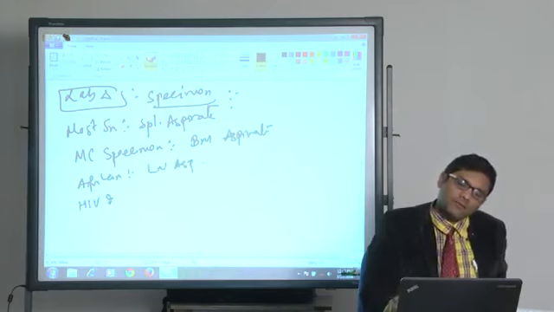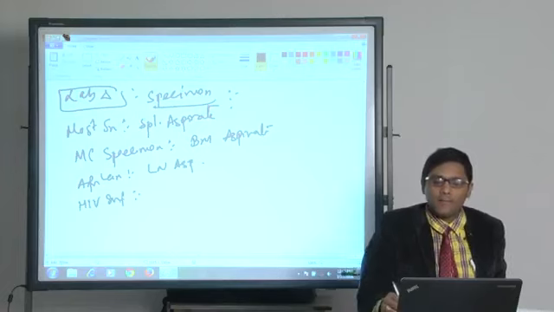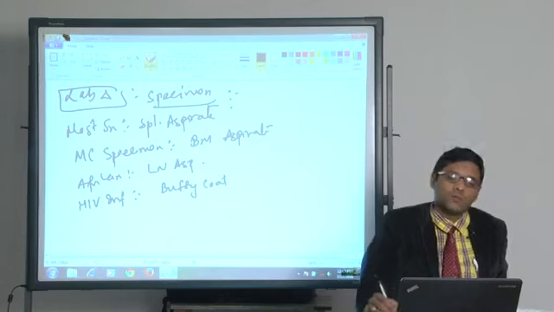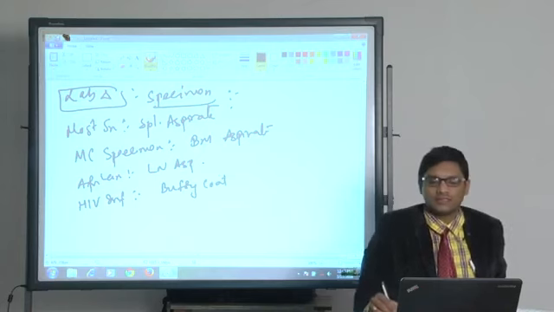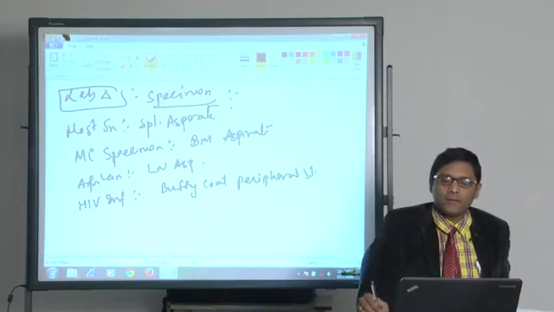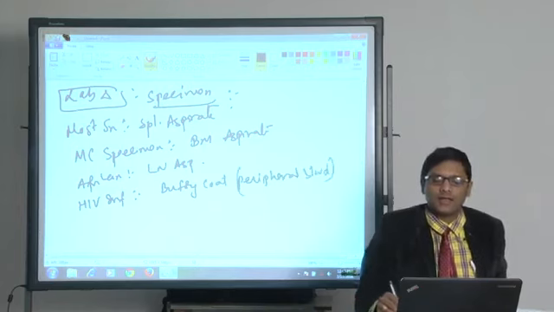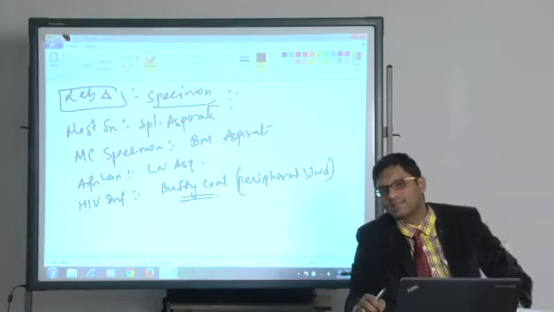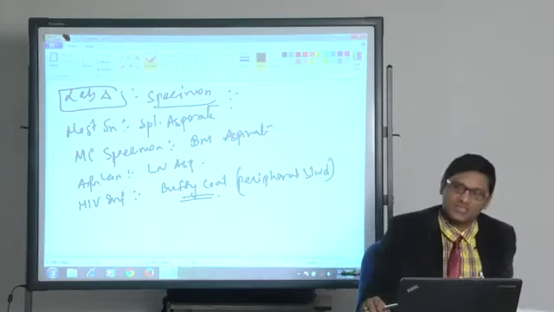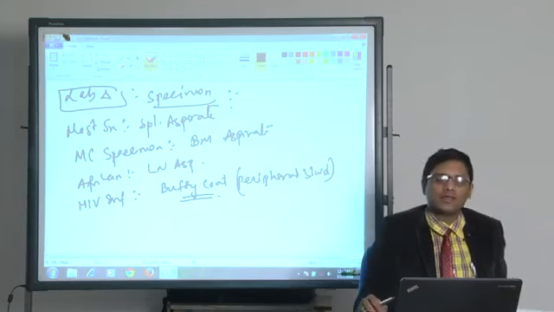Specimen in HIV infected people is the buffy coat area: peripheral blood is taken, centrifuged, and the buffy coat area is examined.